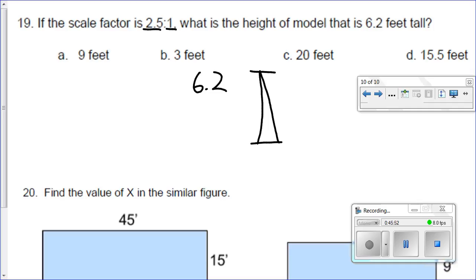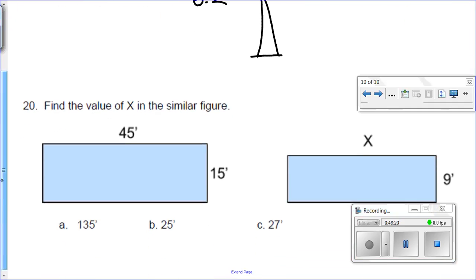So we know that for every 1 foot that's in our model, we have 2.5 feet that will be our actual Christmas tree, we'll say. So how do we do that? All we do is multiply 6.2 times 2.5, and what you're going to come up with is 15.5 feet. Again, very bizarre. Don't blame you if you got that one wrong. That one is a weird one.